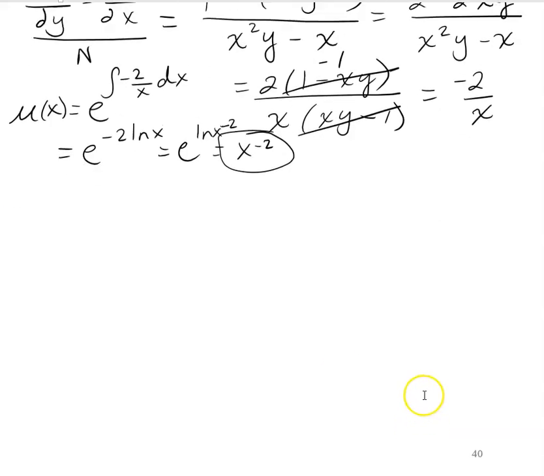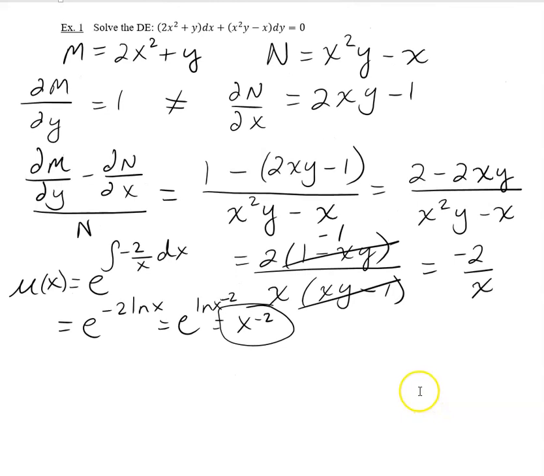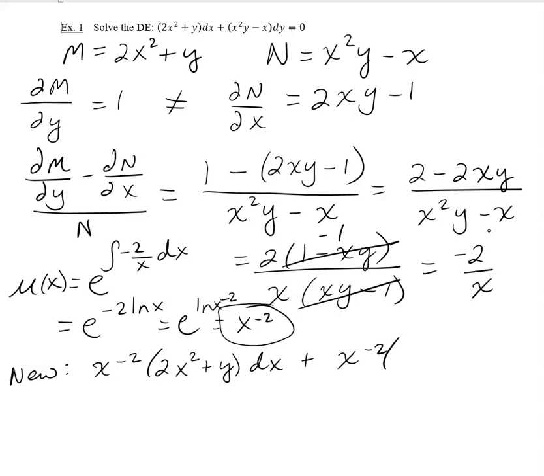So let's take our original equation and multiply it through now by x to the negative second. So my new equation is going to become x to the negative second times (2x squared plus y) dx plus x to the negative second times (x squared y minus x) dy equals 0.